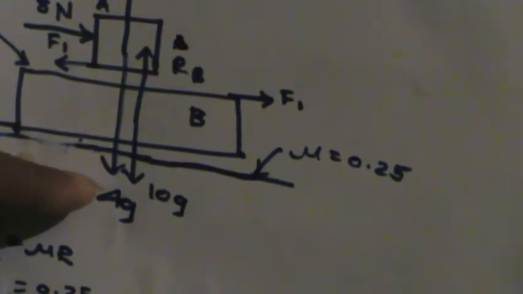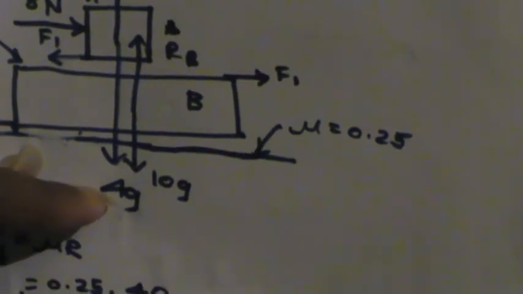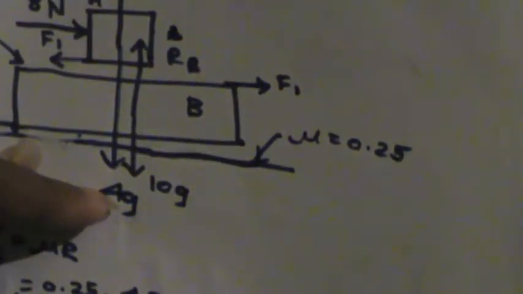So the total force acting on B is not 10g, it will be 4g plus 10g, which is 14g, where g is equal to 10. So if you put F equals ma to B, RB will be equal to 10g plus 4g.